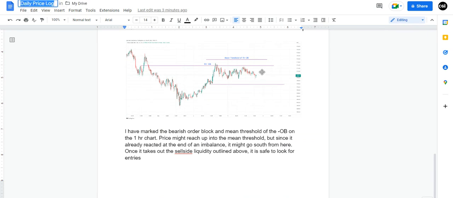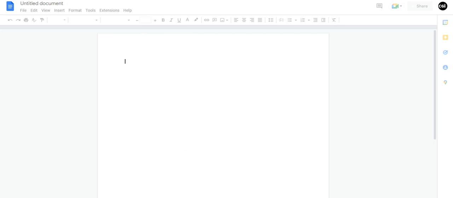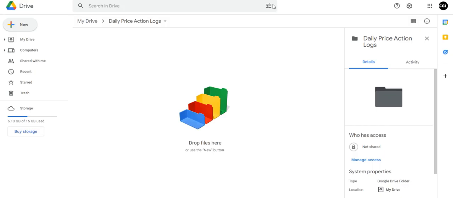You can say log entry September 5, 2021, right? 2022, pardon me. Once you have this, you can add a file from your Google Docs, right? I made a mistake here.